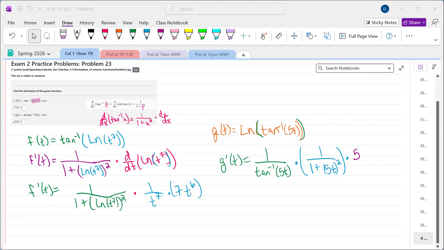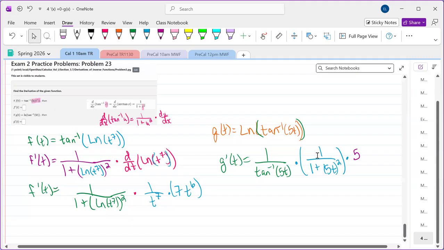Doing the implicit one. Another what? Implicit. Sure. Yeah, this one's not bad. Yeah, you just put it on top.